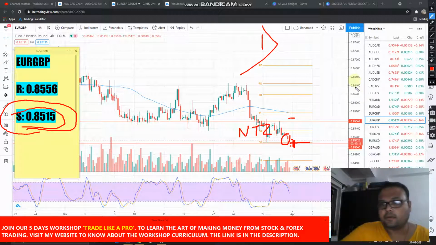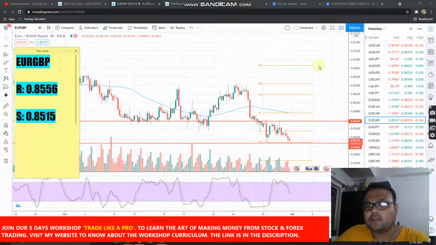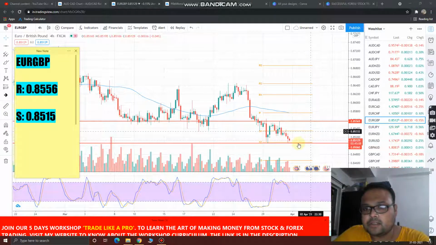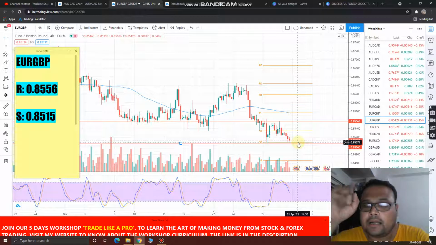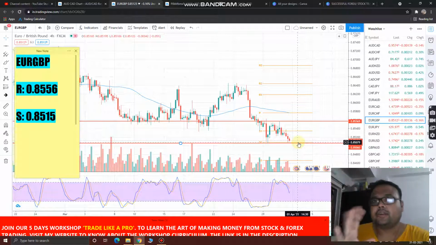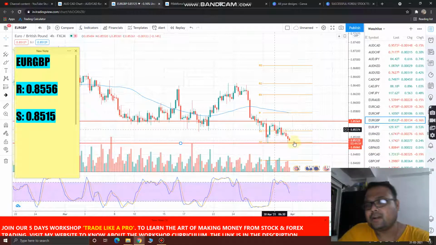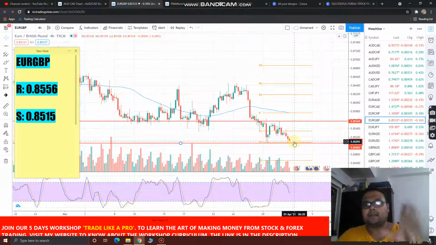Or if you see that the market is not convincing enough and is struggling, then you just avoid it. Until and unless you're sure about the trade, you should not trade. Therefore only trade if the market crosses this level, because one thing we cannot deny, the market has been in a downtrend for the last 3 months, so the market is also heavily oversold.